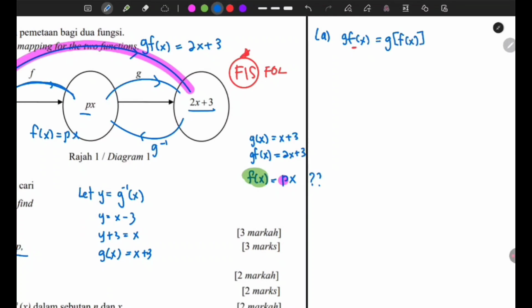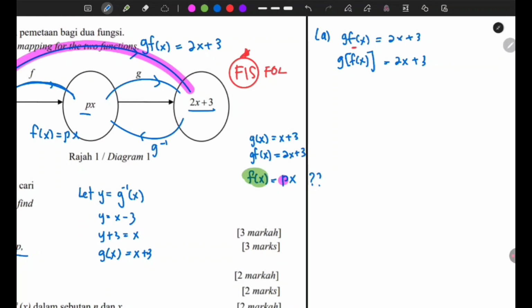So g(f(x)) is 2x + 3, and here also 2x + 3, nothing to do here.